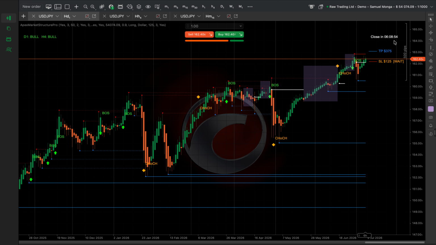Like here, we still have 6 hours, 8 minutes to have the next candle that is going to really confirm that yes, we are really confirming the bull side.